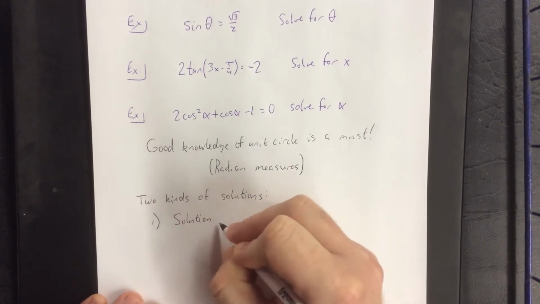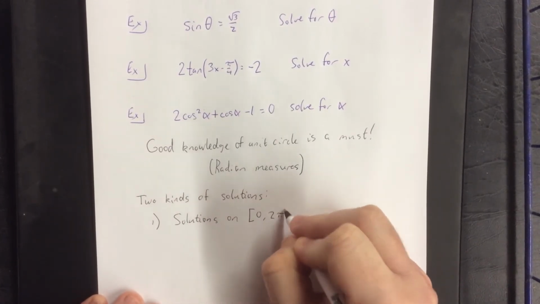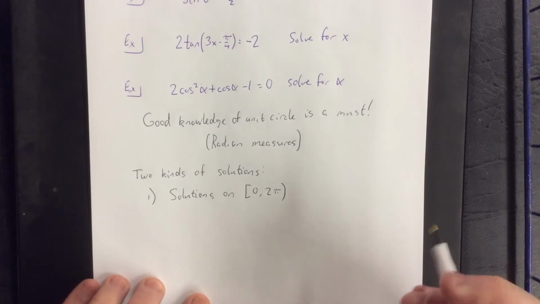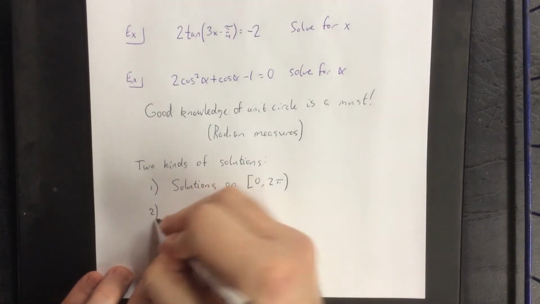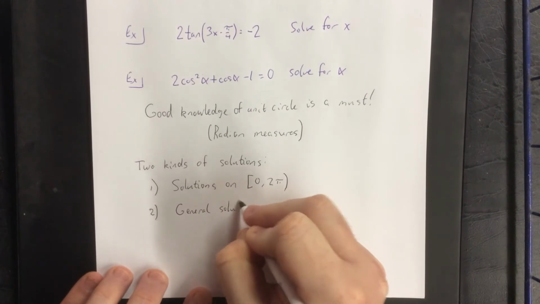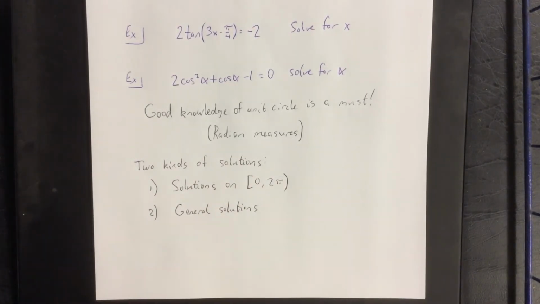So one of the kinds of solutions will be solutions on the interval from 0 to 2 pi. I refer to this as angles that are within the first full revolution of the unit circle. Then we also have general solutions. General solutions generally are going to be relying on the periodic properties of our trigonometric functions.